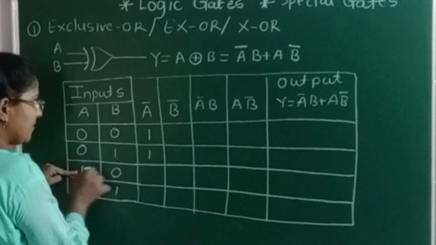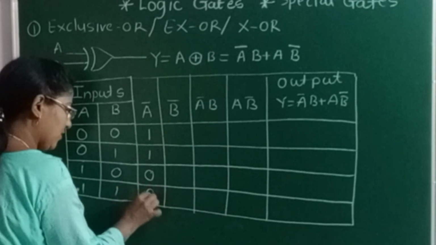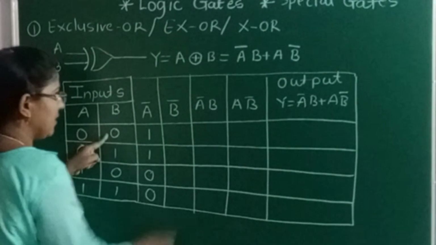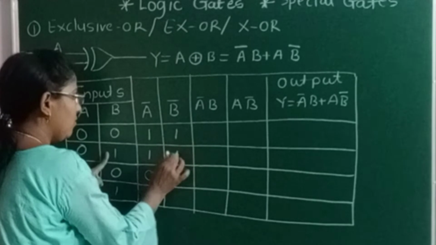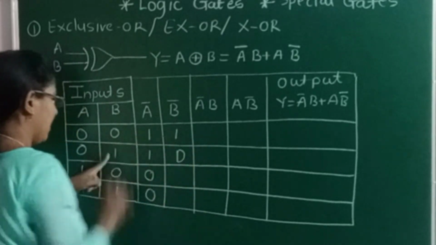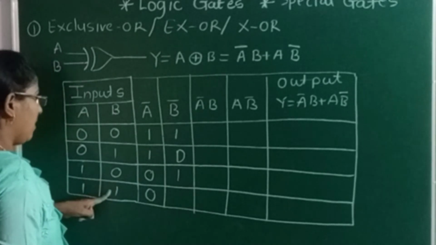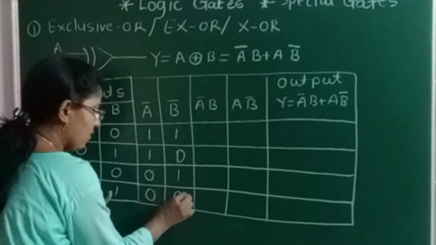Here the value of A is 1, so it will become 0. Value of A is 1, so it will become 0. Now find out B bar. B is equal to 0, so B bar is 1. B equal to 1, so B bar equal to 0. B is equal to 0, so B bar will be 1. Now B is equal to 1, so B bar will become 0.